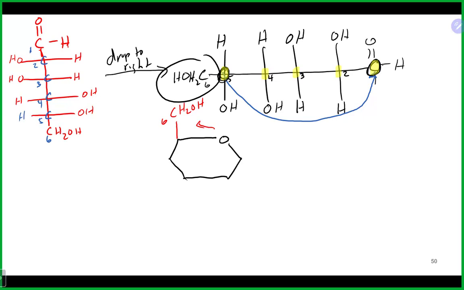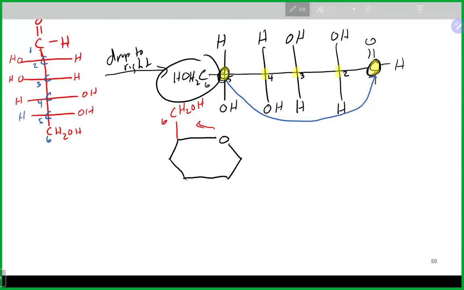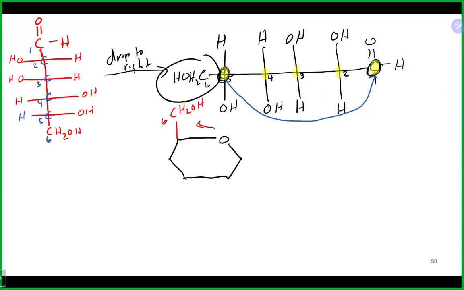That is also important because that's going to give us our numbering so we know which carbon is which. If that's number 6 and we only have 6 total carbons, we drop down to the ring, and this would be carbon number 5. Again, we go counterclockwise: carbon number 4, carbon number 3, carbon number 2, and carbon number 1.